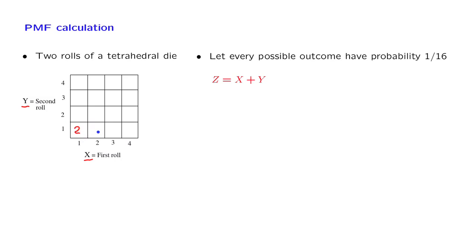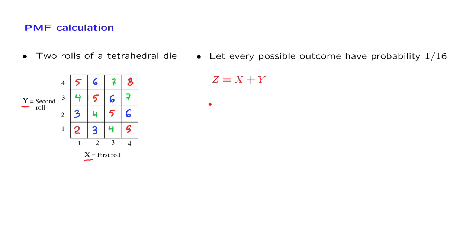If X is 2 and Y is 1, our random variable will take a value of 3. And similarly, in those outcomes here, the random variable takes the value of 4. And we can continue this way by marking for each particular outcome the corresponding value of the random variable of interest.